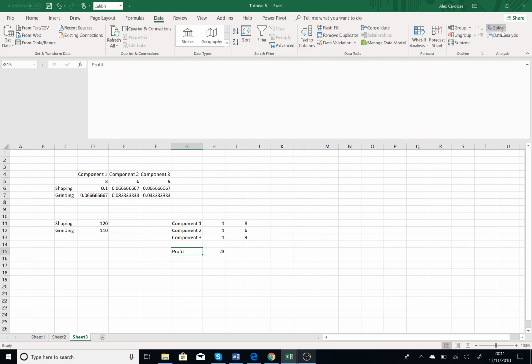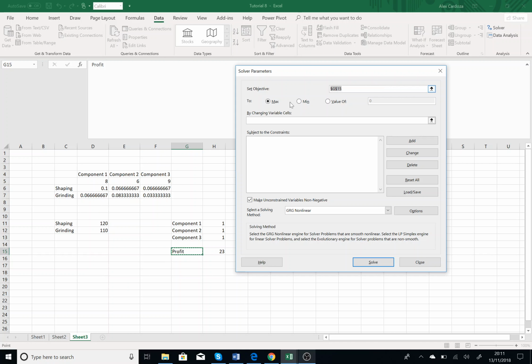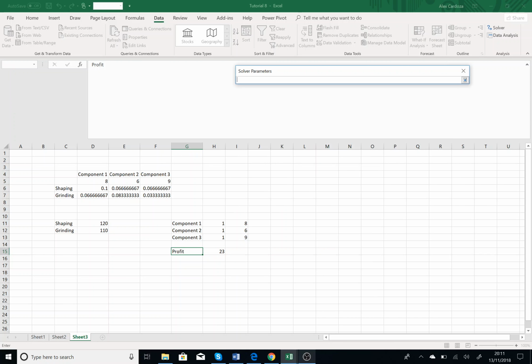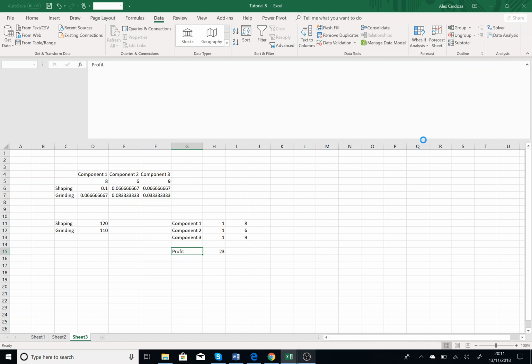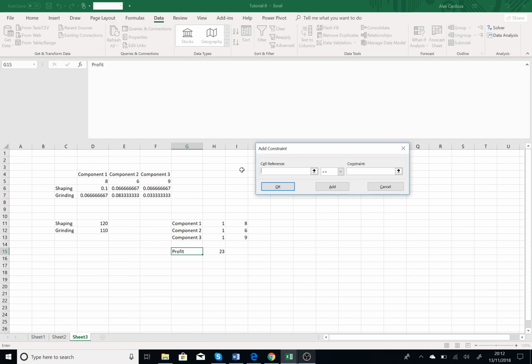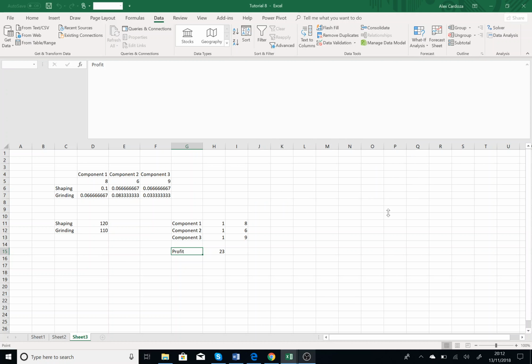Let's do this while we do Solver. So let's do the normal one, set objective. That one, we want to maximize it by changing variables here. Add the constraints, cell reference. Oh, I haven't put them in.